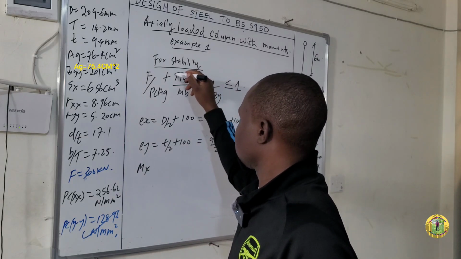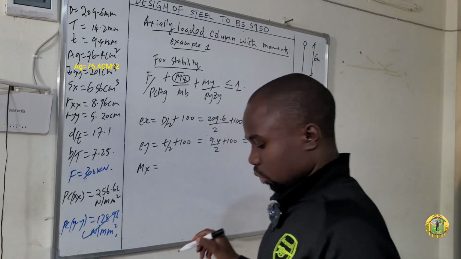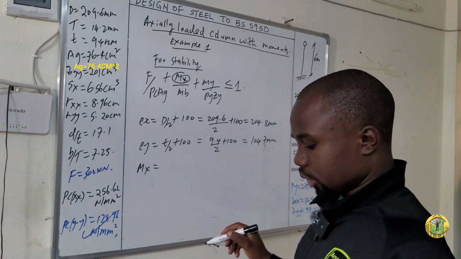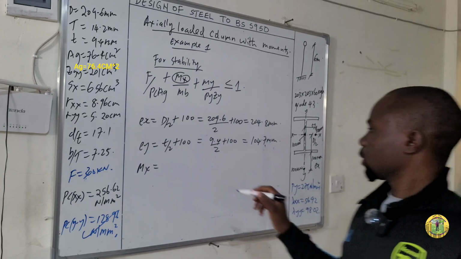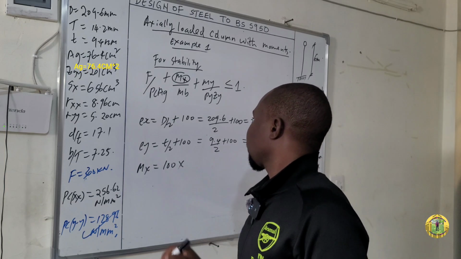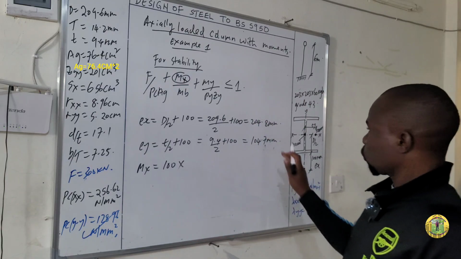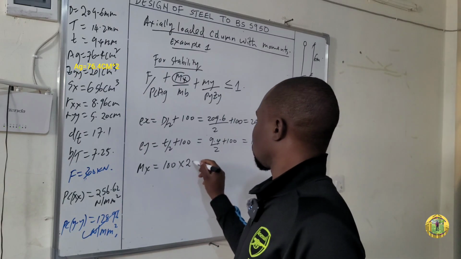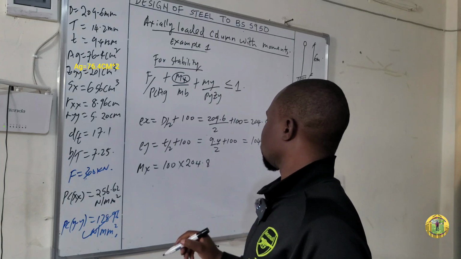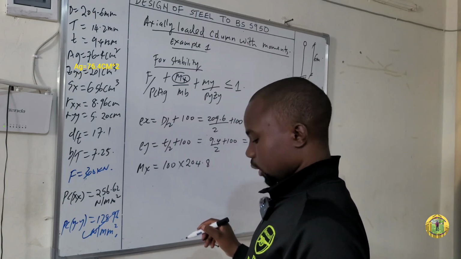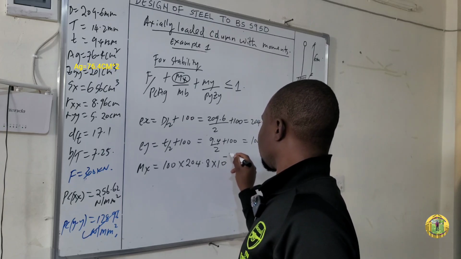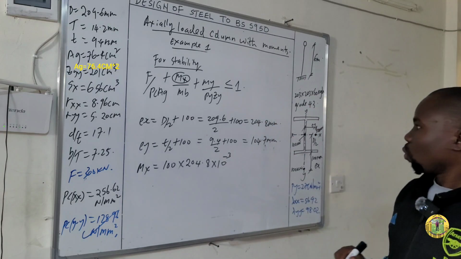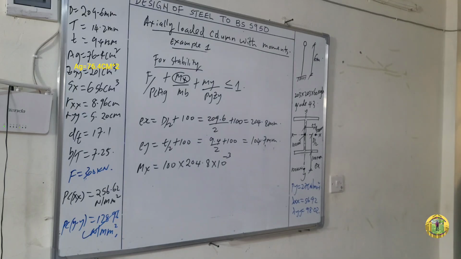So MX, now this one, is equal to 100 times 204.8, then times 10 raised to power negative 3. Why 10 raised to power negative 3?